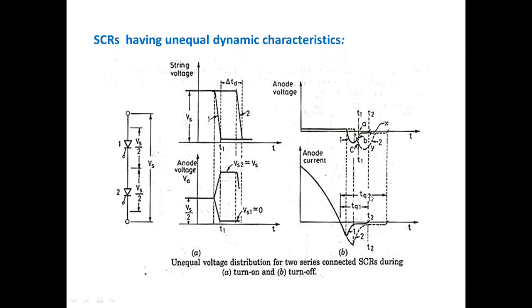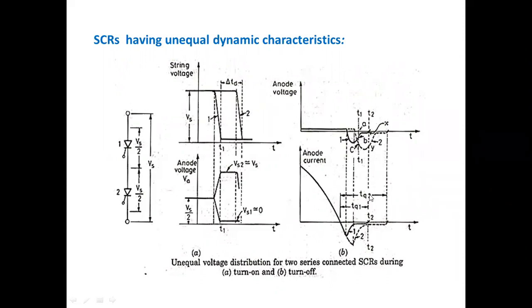The equalization circuit cannot completely maintain the voltage distribution during transient conditions, during turn on and turn off, when the SCRs are continuously turning on and off. This problem occurs at transient conditions only, in the turn off and turn on process.